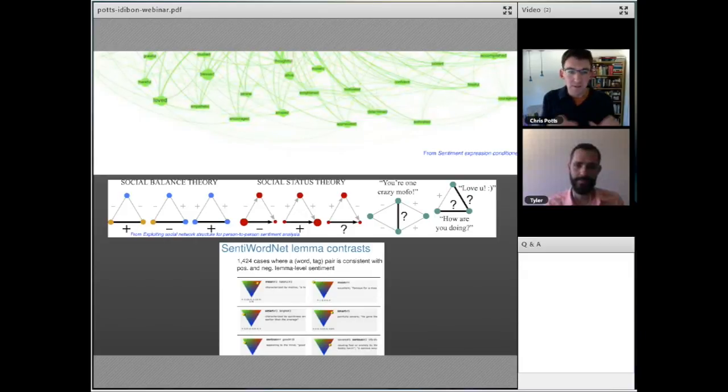It was also possible for us to take advantage of the fact that where we had good network data, we didn't have to rely so much on the text to get good predictions, and the reverse. So that's what these triangles are all about. The model behind this paper synthesizes our assumptions about those triangles and the pluses and minuses with what we can do in terms of textual sentiment analysis.